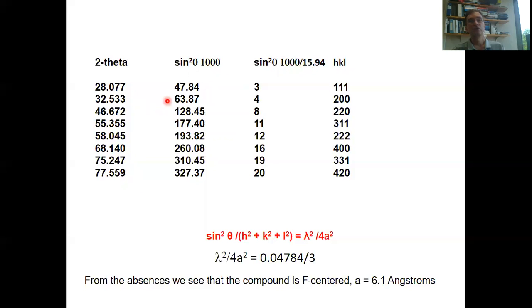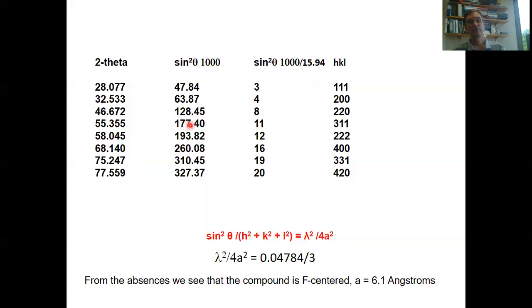So 47.84 over 15.94 is equal to 3. 63.87 over 15.94 is equal to 4. 128.45 divided by 15.94 is equal to 8.